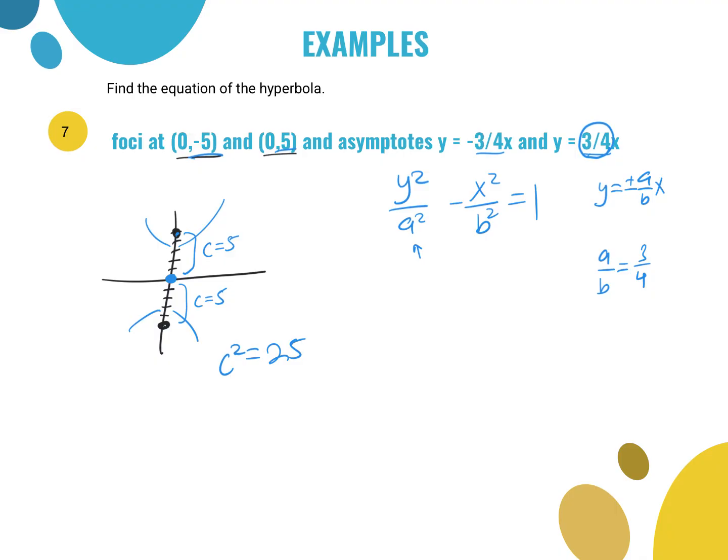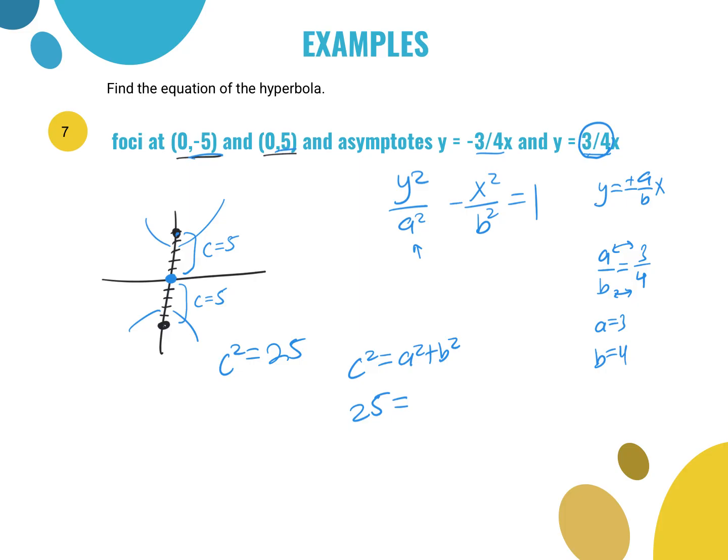So then when we go to plug into our formula, I have that c squared equals a squared plus b squared. I'm going to have 25 equal to, let's just see if this matches, right? So if a over b has to equal 3 over 4, then I know that a has to equal 3 and b has to equal 4.